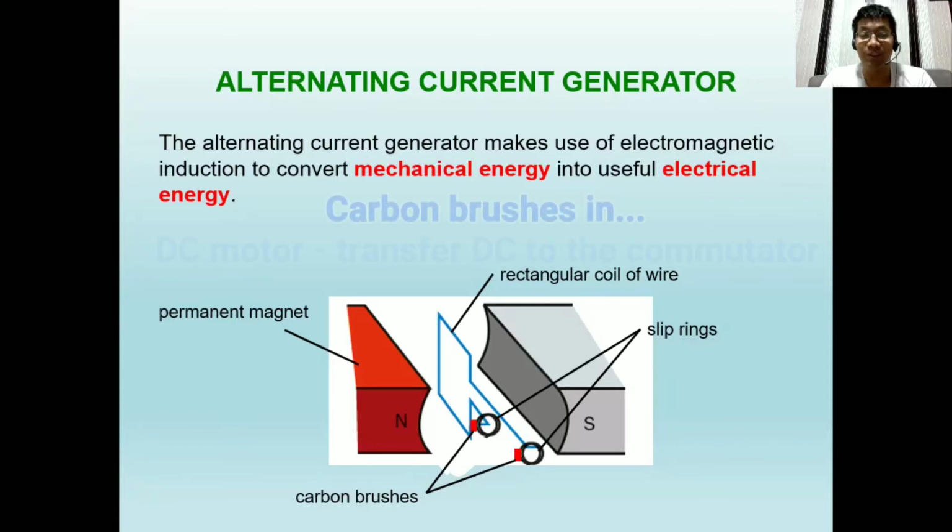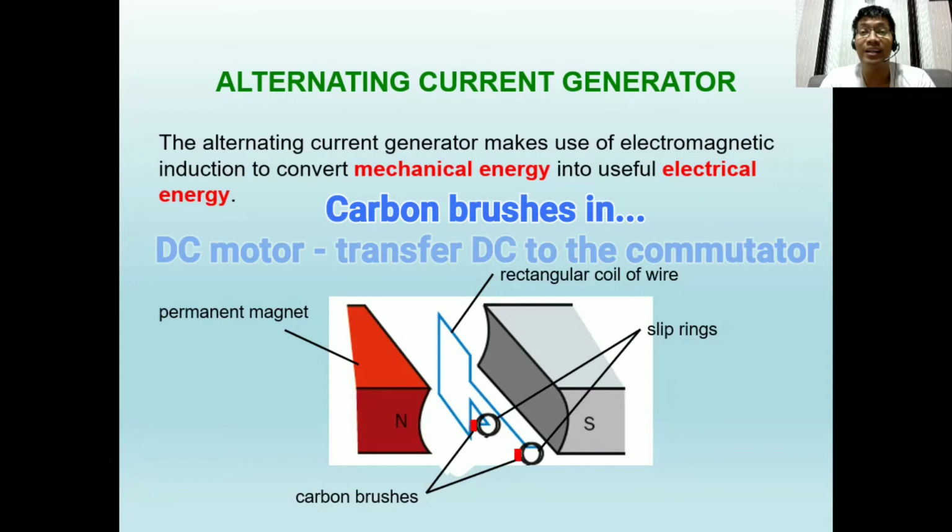Sa DC motor, ang function ng carbon brushes ay mag-transfer ng direct current to the commutator or sa split ring. Kung naaalala ninyo, sa mga simple electric motor, kailangan natin ng kuryente para makaproduce ng magnetic field. At dahil sa interaction ng magnetic field ng coil at saka ng magnet, nagkakaroon tayo ng turning effect.